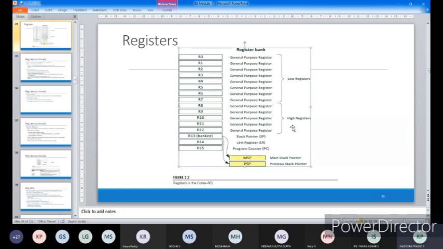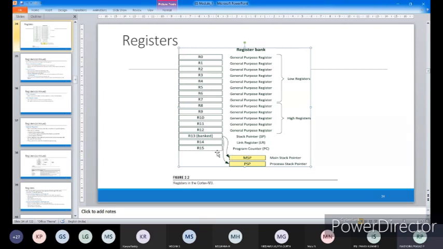There is one more register, R13, which we call a bank register, where you have MSP and PSP. MSP is the main stack pointer, PSP is the process stack pointer. The stack pointer indicates which instruction should be executed now, so for that you have R13. R13 we call the stack pointer, R14 the link register, R15 the program counter.